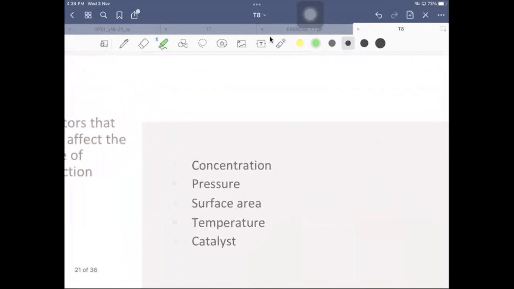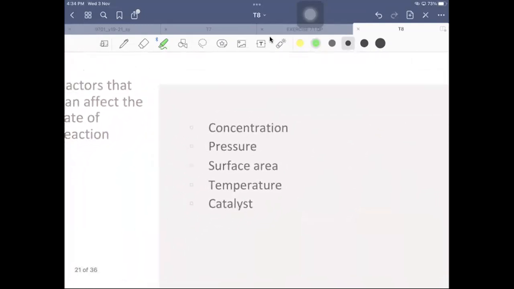Surface area, you already know that increasing surface area will increase the rate of reaction, but it is not mentioned in your syllabus, so we will not cover it. Temperature will affect the rate of your reaction as well. And lastly, catalyst, right? Remember, rate of reaction and equilibrium, there's a difference. Catalyst will not change your equilibrium.